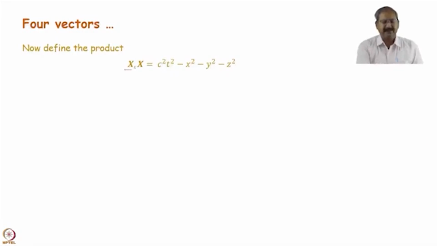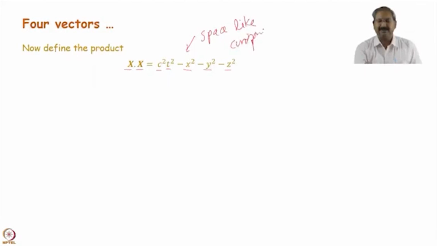If we multiply these four vectors together, we get c square t square minus x square minus y square minus z square. There is one rule: you have to put a minus sign before the space-like components, and the time-like component will have a positive sign.